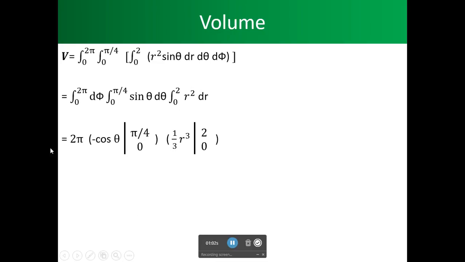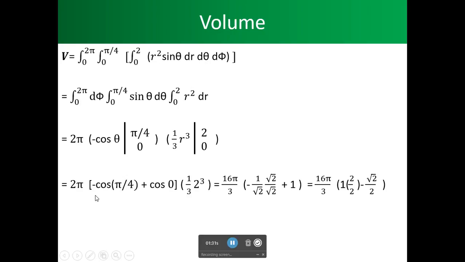When we actually perform this, the lower limit of zero drops out. We have 2 pi, and the integral of sine is negative cosine, going from 0 to pi over 4, and the integral of r squared is 1/3 r cubed from 0 to 2.